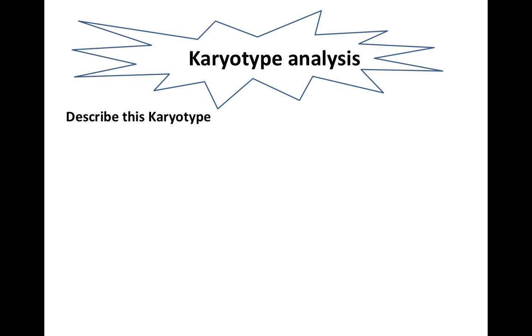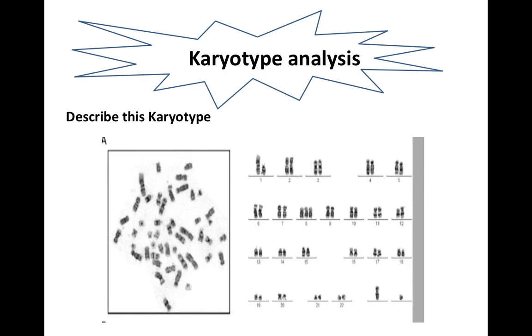So let's have a go and see how we can describe a karyotype. The description of the karyotype is based on the number of the chromosomes that you can see in the picture of the karyotype and the sex chromosomes, and you look for any abnormality.